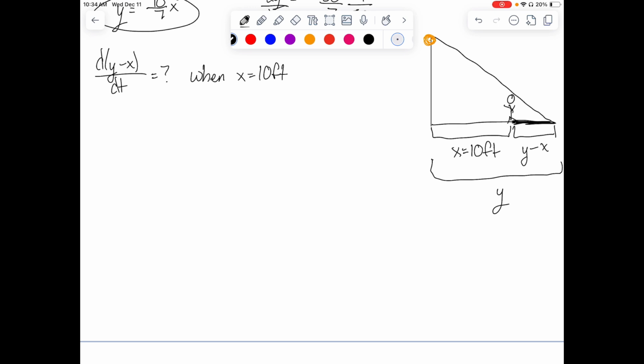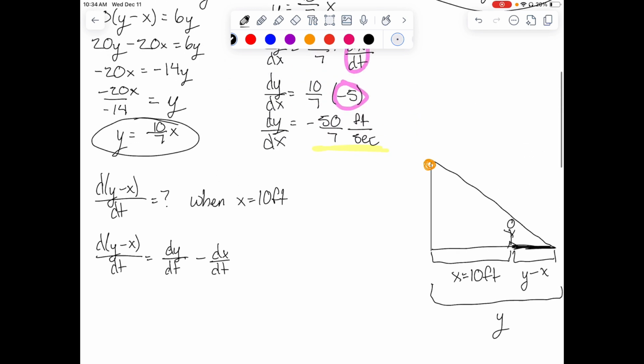That's just the per second, because it's the derivative with respect to time. So by the distributive property, we can say that d(y minus x)/dt is the same thing as dy/dt minus dx/dt, right? And then what we can do here is just plug in our knowns.